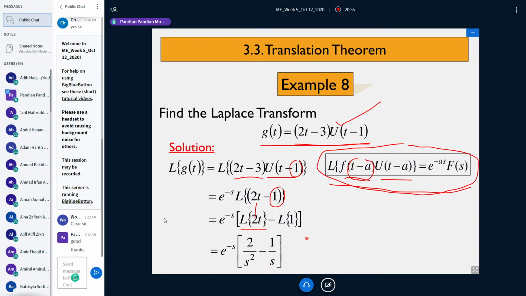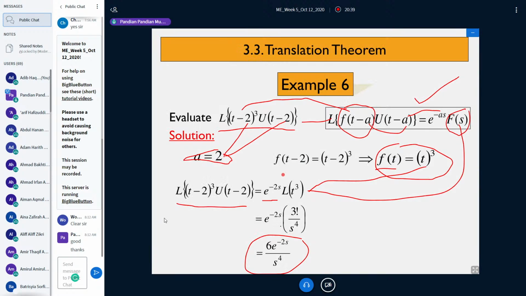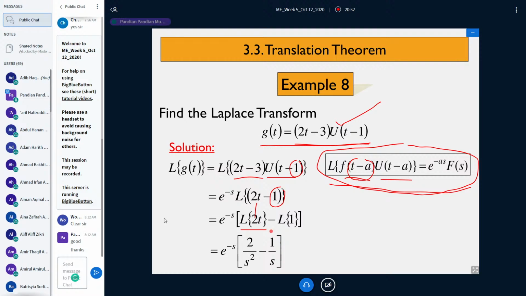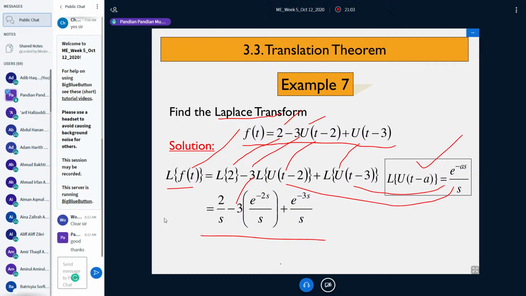Just now we did this one, f(t minus 2) where f(t) is t power 3. Similarly, if you do like that, you will get this Laplace of 2t minus 1. You have to make it this way using this formula.